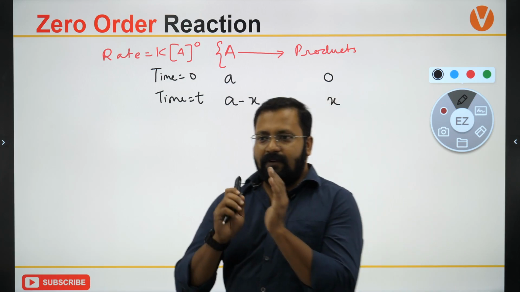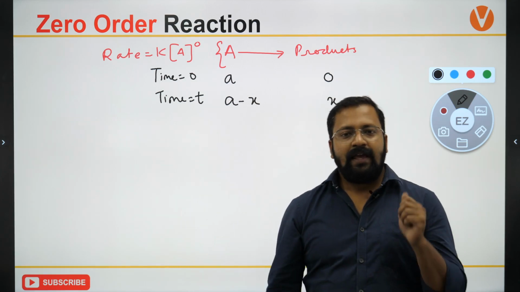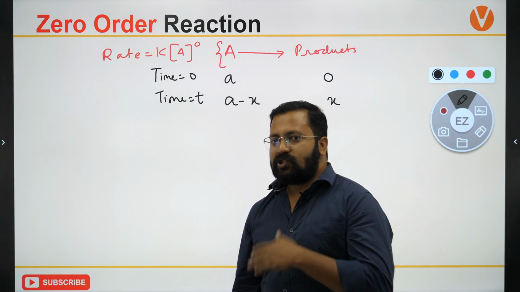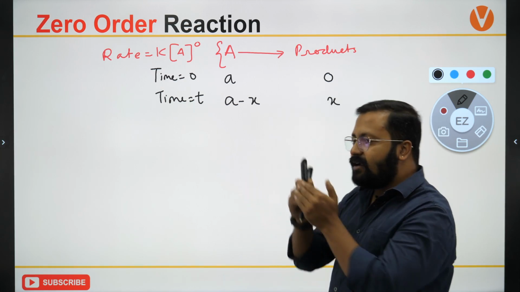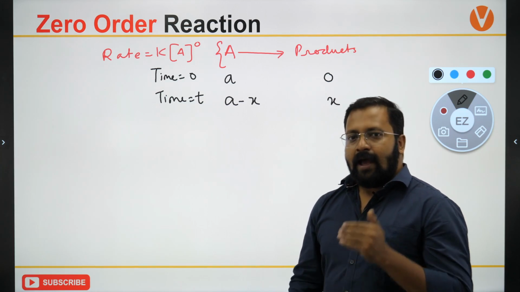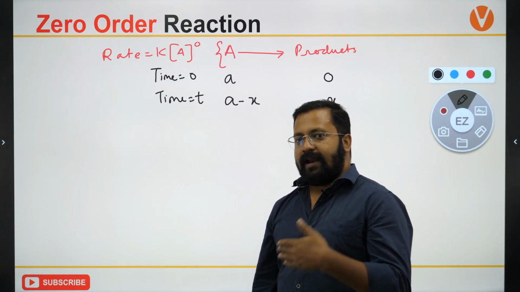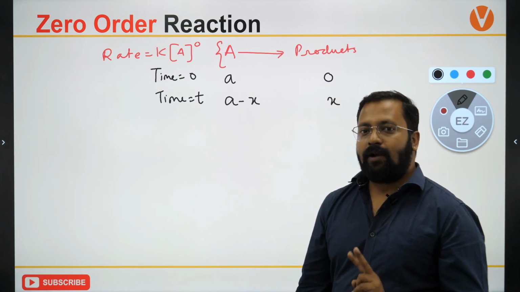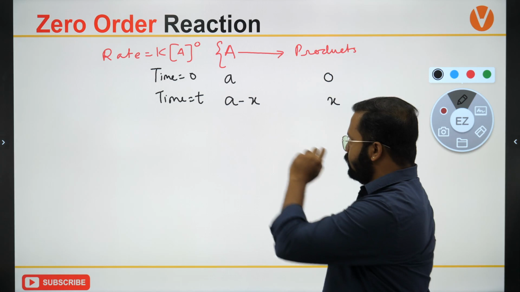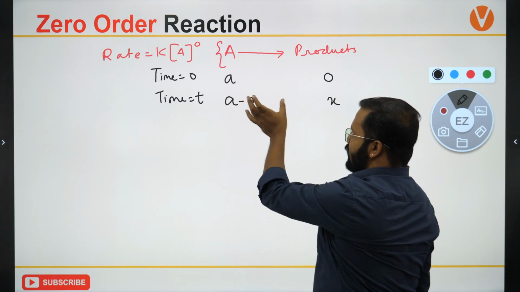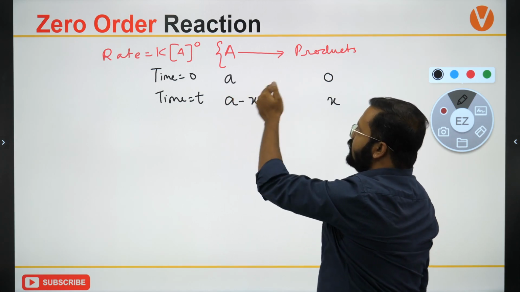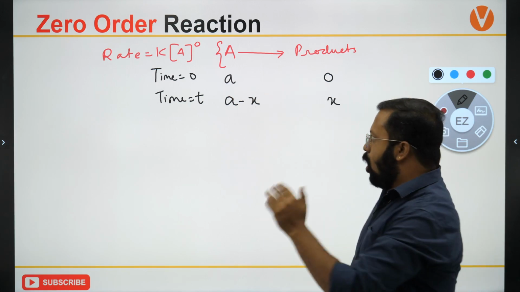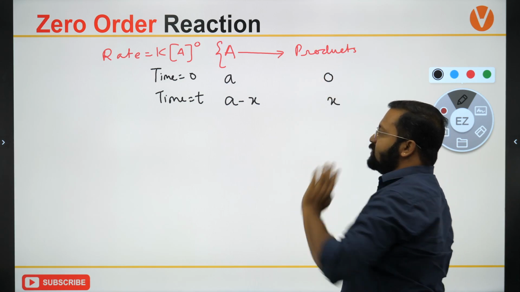Now there is a very interesting aspect over here. Integrated rate law can be calculated with respect to the rate at which the reactant is decomposing or with respect to the rate at which the product is getting formed. So there are two ways to calculate it.